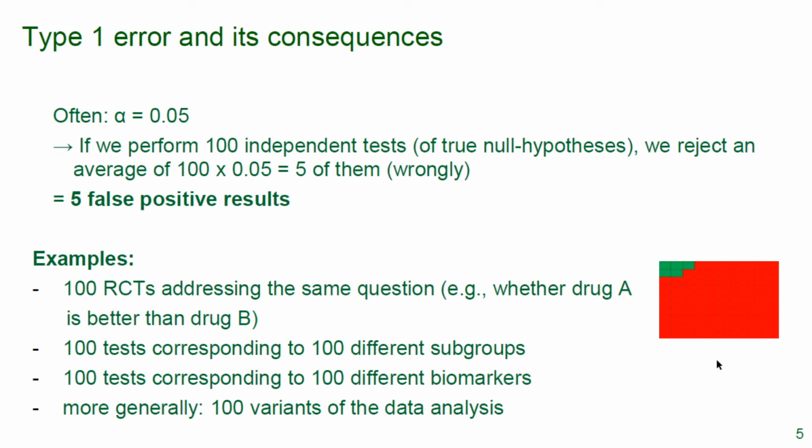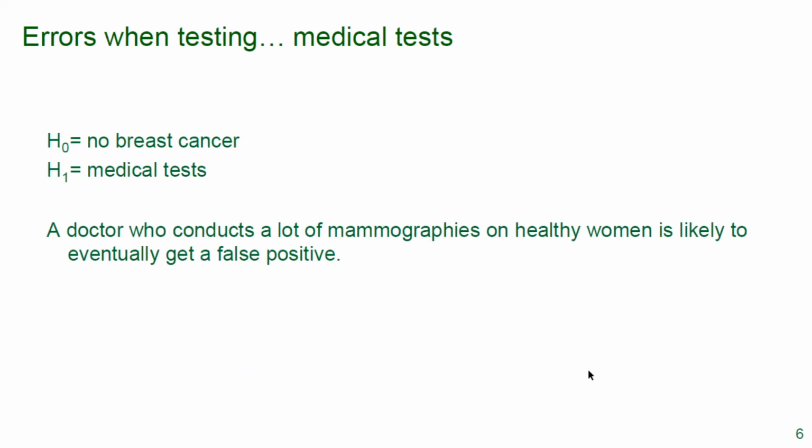Now, on average, we will have 5 of these 100 trials that find that drug A is better than drug B, even if it isn't. Even if the null hypothesis is true, we will have on average 5 false positive results, these green results here. And the 95 red rectangles display the negative results.